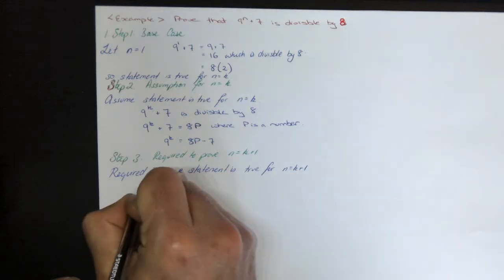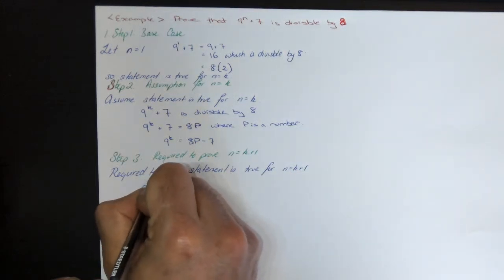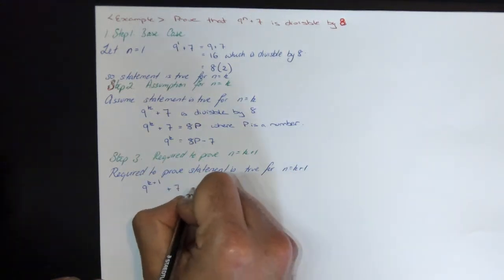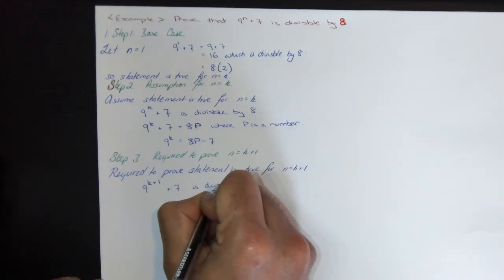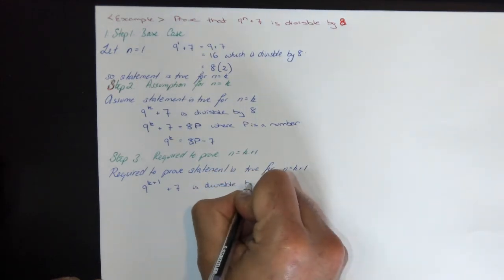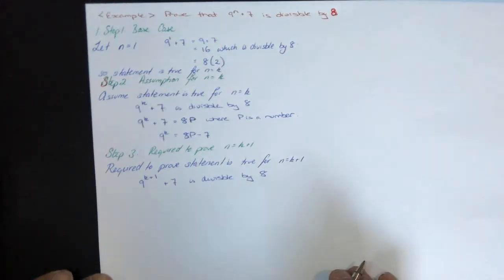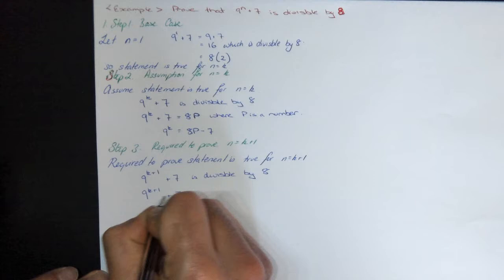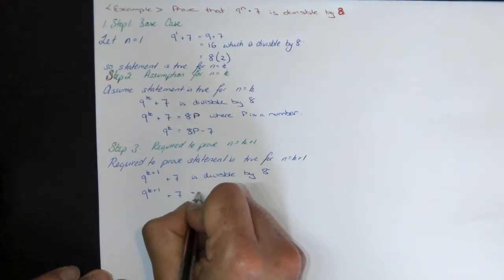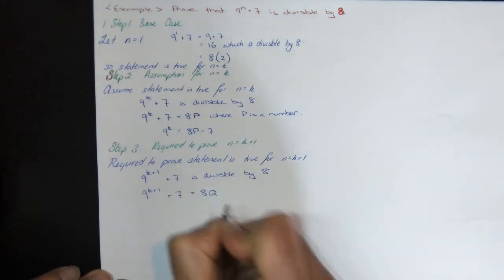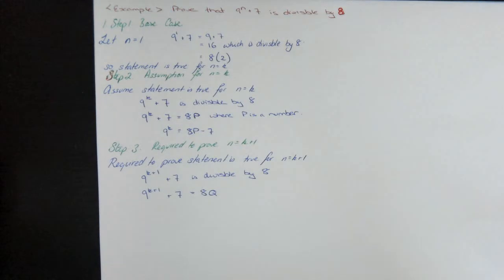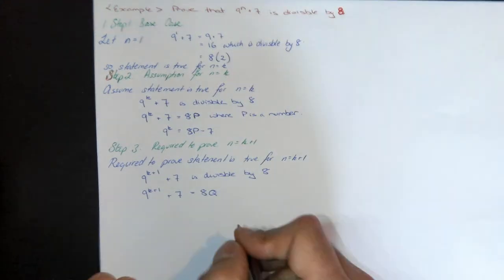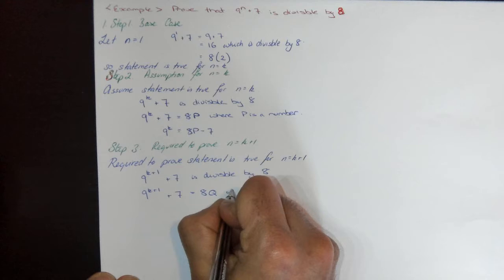And what does that mean? That means that 9 to the power of k plus 1 plus 7 is divisible by 8. So that means that 9 to the power of k plus 1 plus 7 is worth 8 lots of another integer, q, where q is an integer.